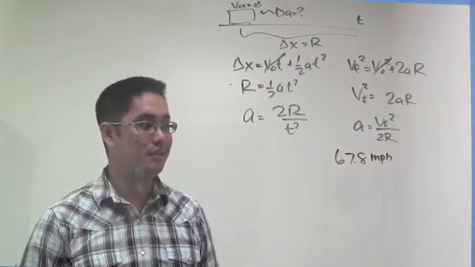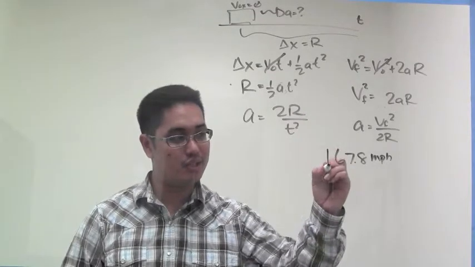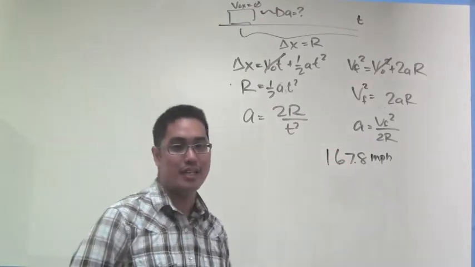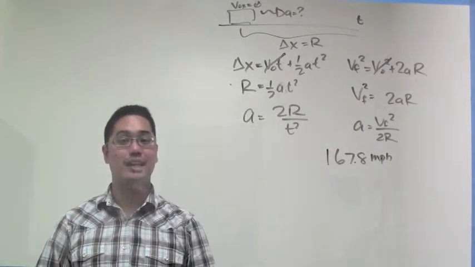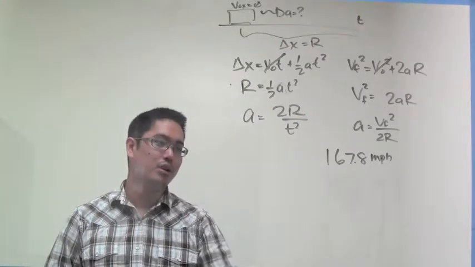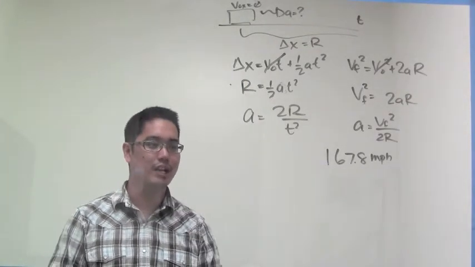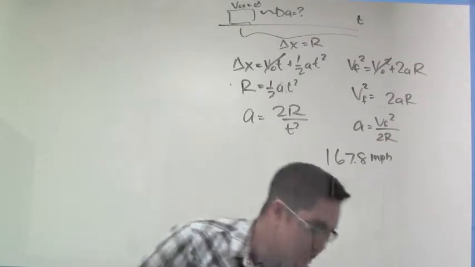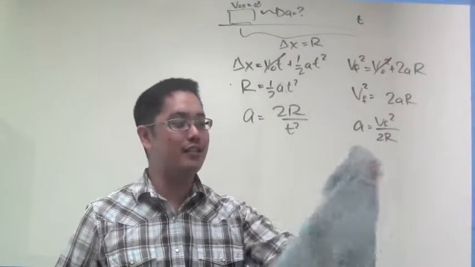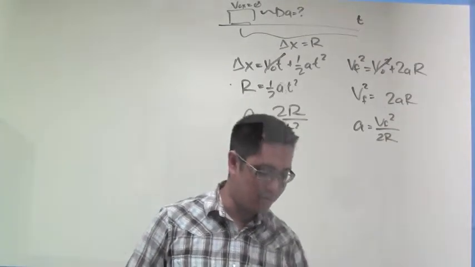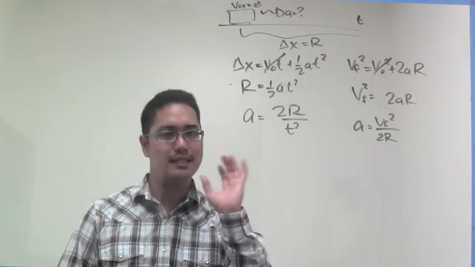That was his top speed, but if you look very closely, there's a faint 1 in front of it. That means the top speed of that Lamborghini going the quarter mile was 167.8 miles per hour. That's pretty fast. So when I plugged in that, it obviously came much closer, but they didn't match up exactly.